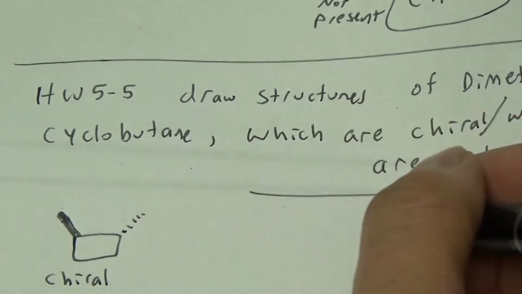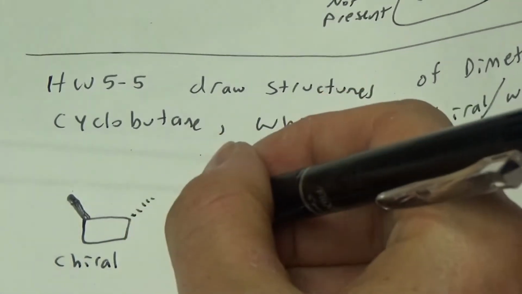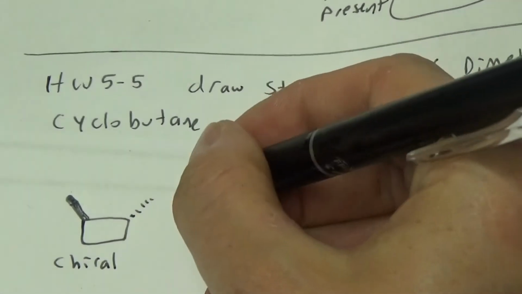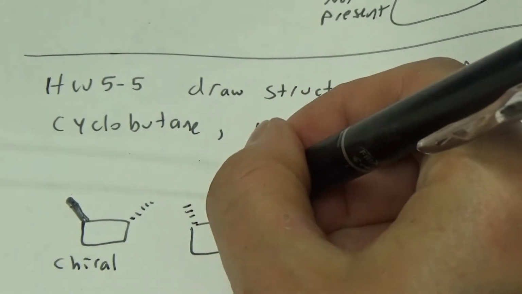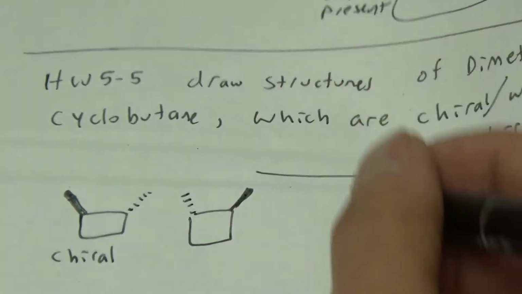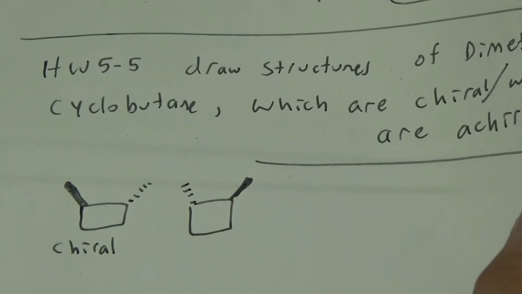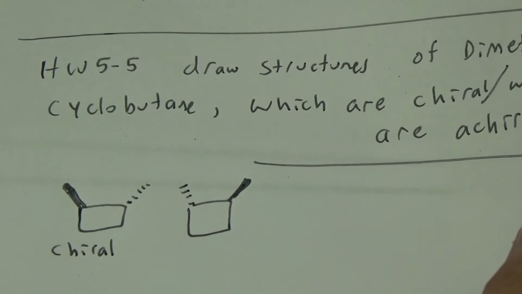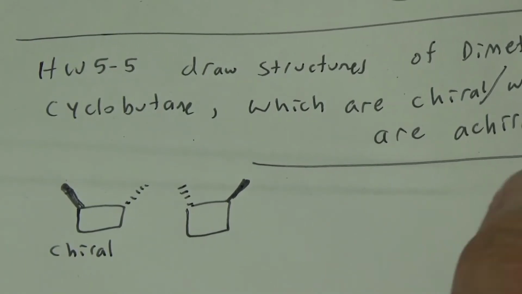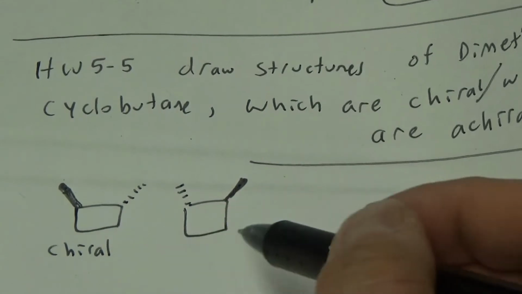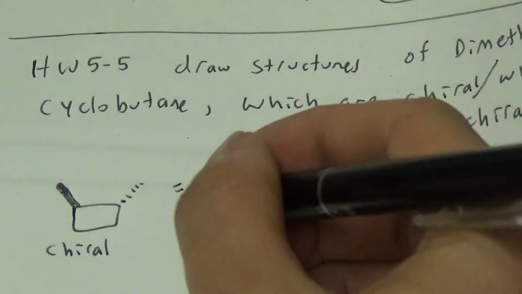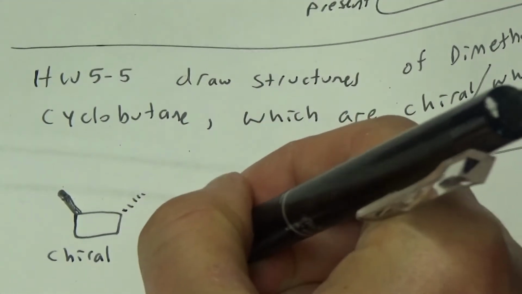Okay. And what if I do this? Is that a chiral molecule or achiral molecule? Well, it kind of looks sort of like the other one, but it's not. These are not the same molecule, right? This is chiral.